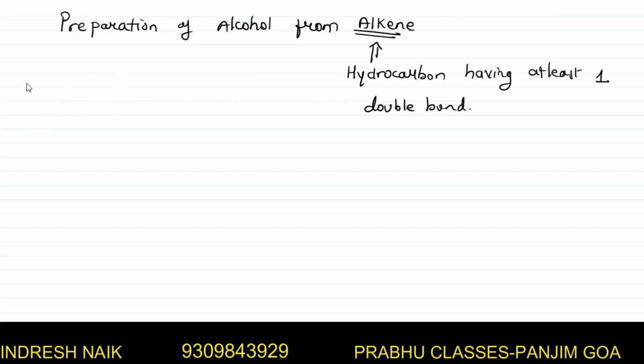So here, what is the method? It is a hydration. The method is hydration of the alkene. Here we are going to learn two reactions. One is hydration of the alkene. What is the meaning of hydration?